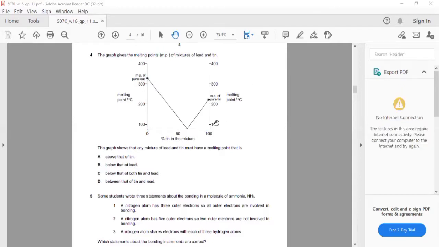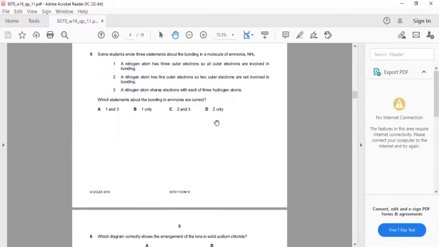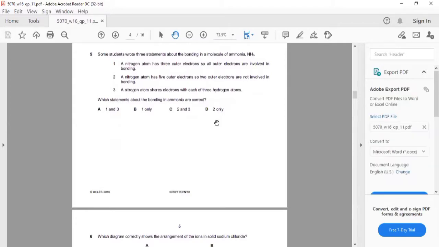Number 5. Some students wrote statements about bonding in a molecule of ammonia, and the bonding in ammonia is covalent.